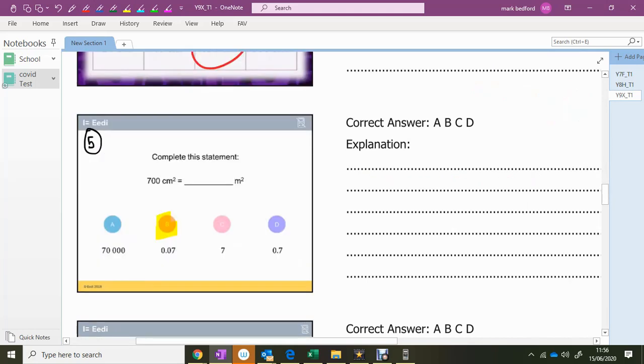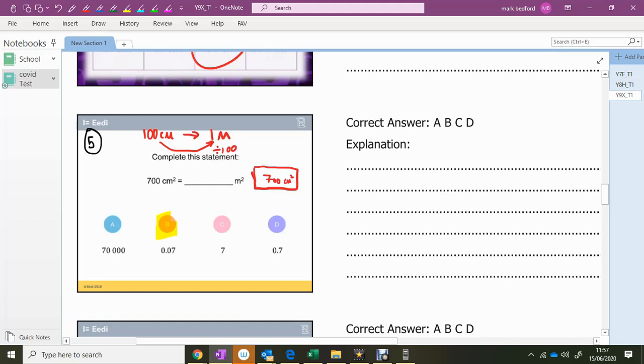Question 5. We're asked to work out what 700 centimeters squared is in meters squared. We first of all need to know that 100 centimeters makes up 1 meter, and to go from centimeters to meters, you would have to divide by 100. Now, because we're dealing with area, it helps to draw up a quick rectangle where the area of that rectangle is going to be our 700 centimeters squared.